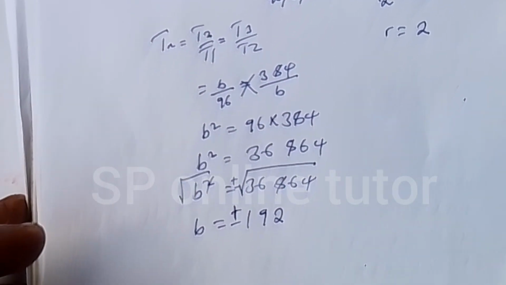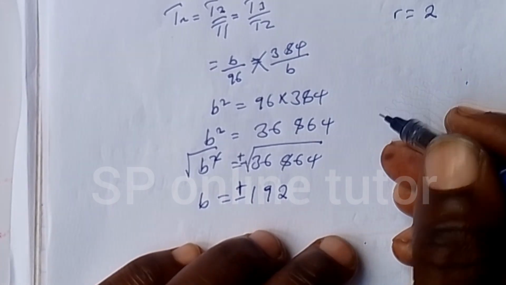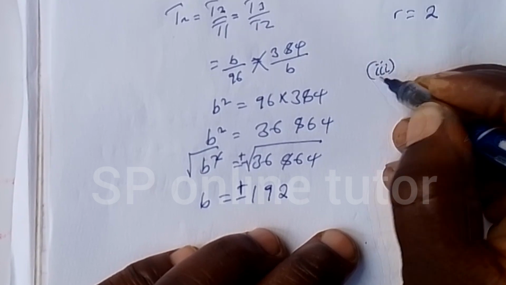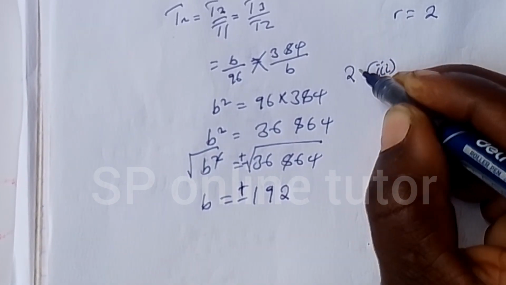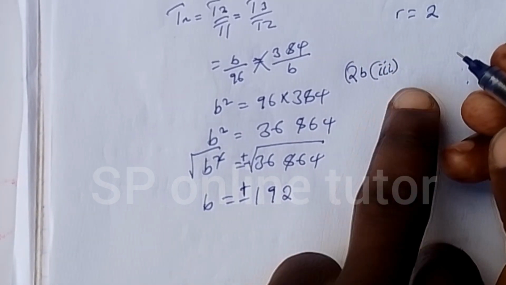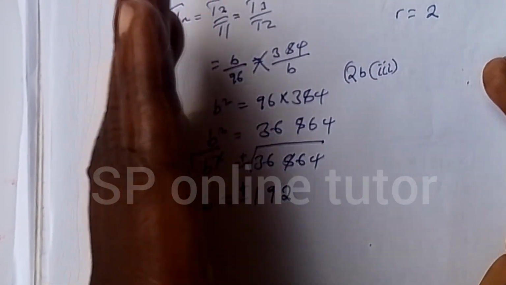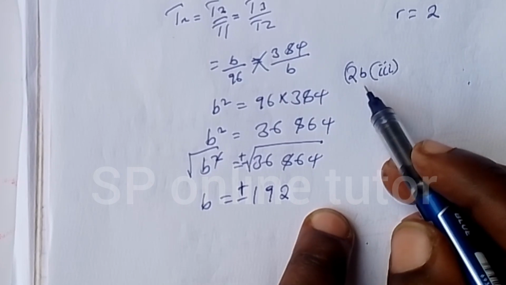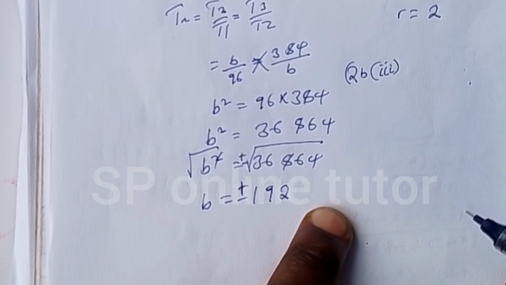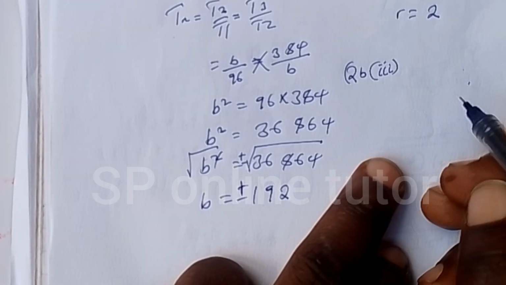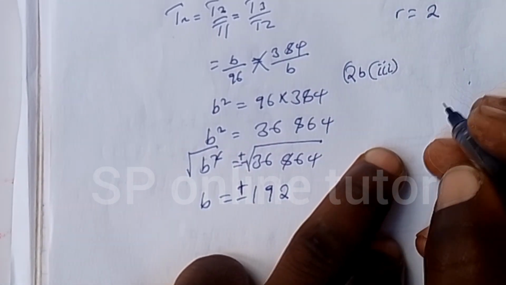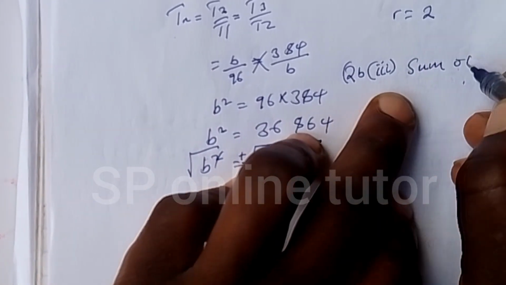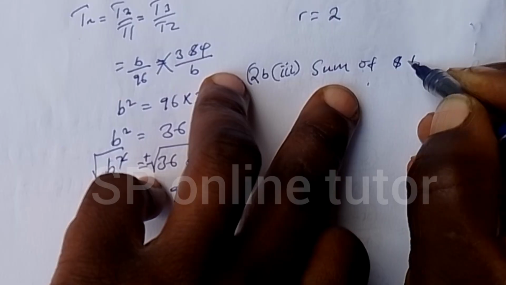Now let's move on to Roman numeral 3 of 2b. You have to be careful when you are answering this question. You have to indicate the numbers for you to get the correct answers. Here we have to find the sum of the first 8 terms.